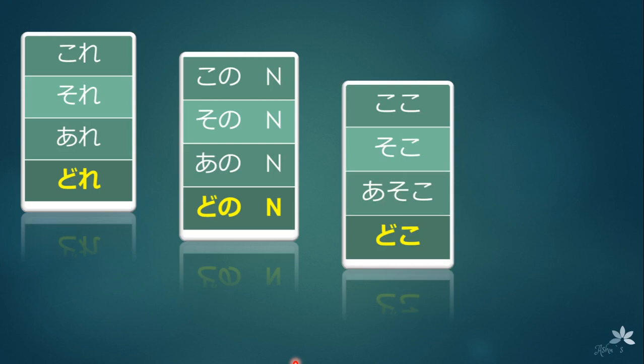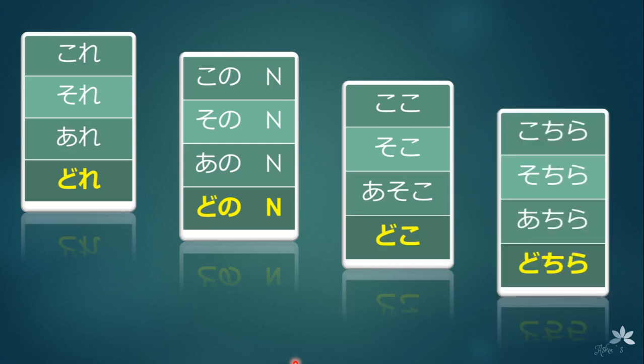We also learned the words koko, soko, asoko, and the interrogative doko. Also, we learned the polite words kochira, sochira, achira, and dochira. Friends, all these are called demonstrative nouns. So please practice them, understand them, and practice them in your daily conversations.